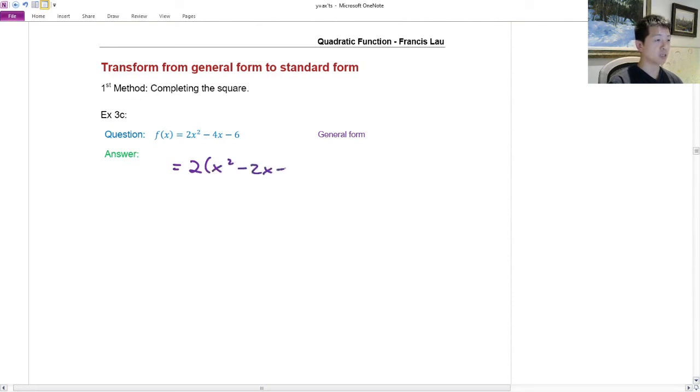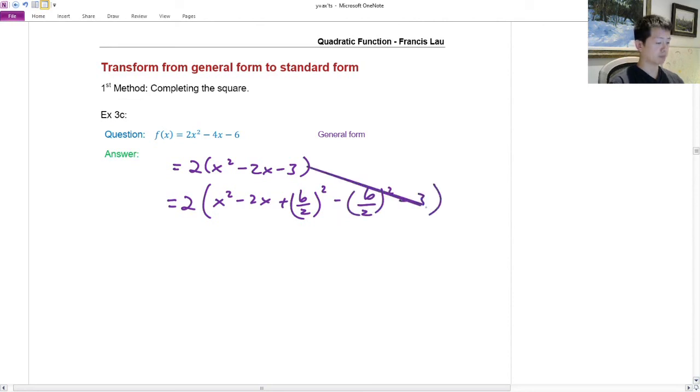x squared minus 2x minus 3. All I need to do is add the b over 2 square, right? Now, I have the 2 in front. Now, the coefficient of x squared is 1 now, so I can perform my completing the square. My b is going to become minus 2, right? So I have b over 2 square minus b over 2 square minus 3.